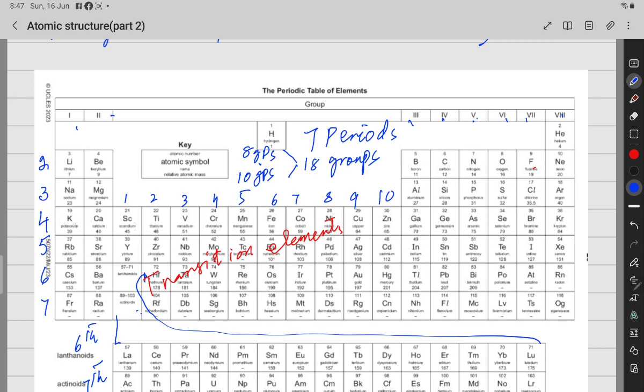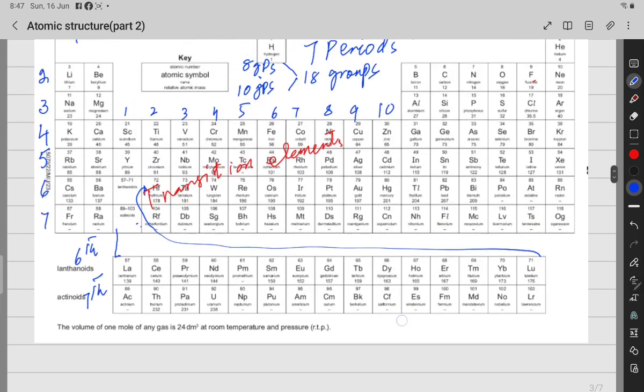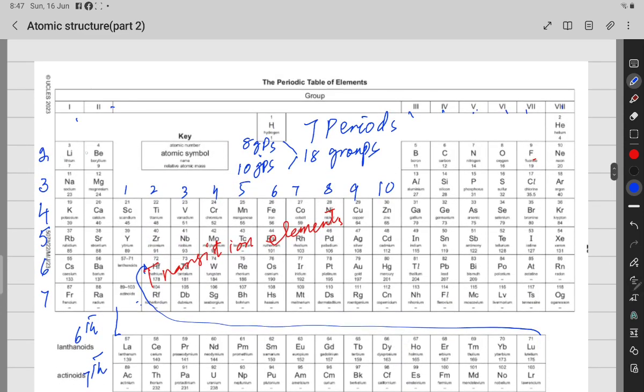They started from period number 4, so that's why, according to the O level syllabus, we need to know how to fill the electrons from hydrogen till calcium. There is no need to draw the electronic structure and electronic configuration of the transition elements.